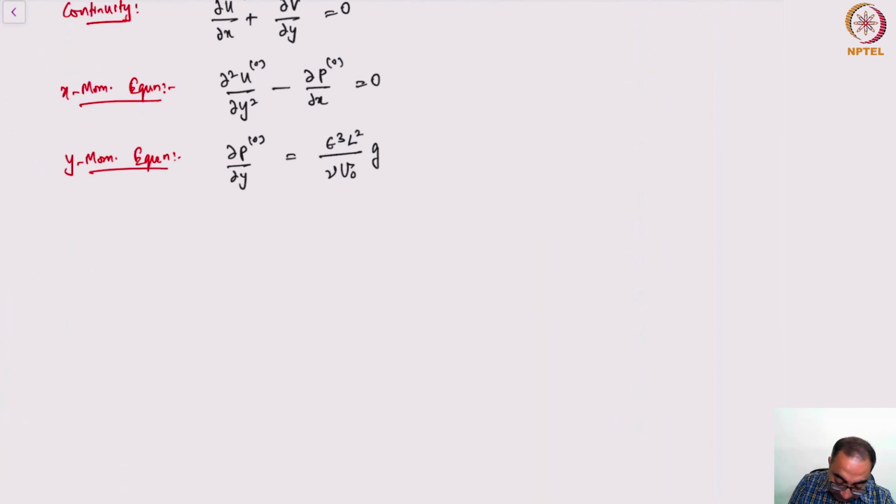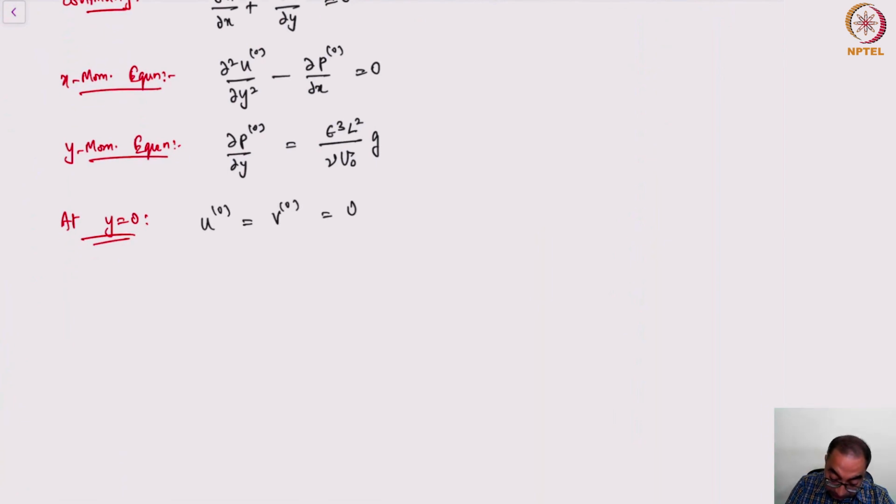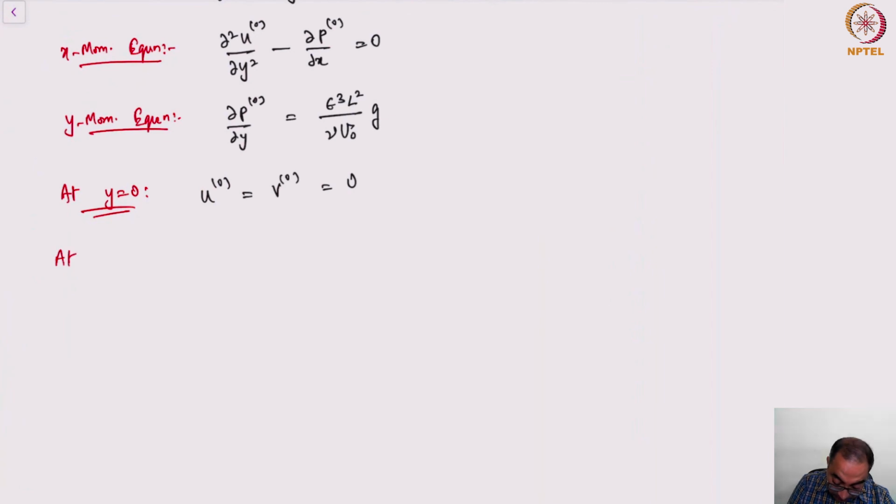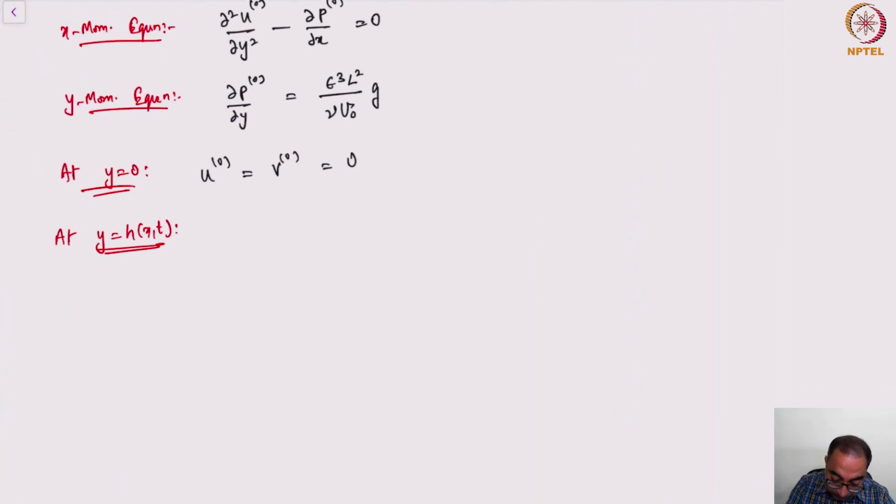Now let's write down the boundary conditions. At y equal to 0, we have u leading order, and leading order v is also 0. At y equals h of x comma t, what we have is v is del h by del t plus u del h by del x.